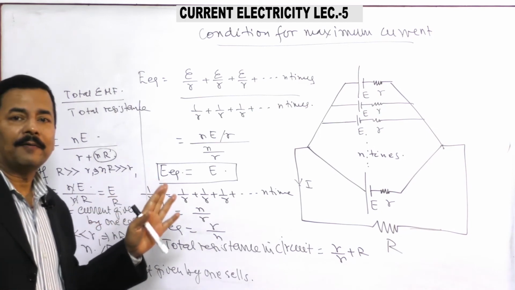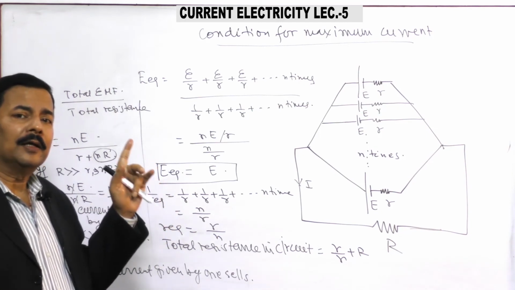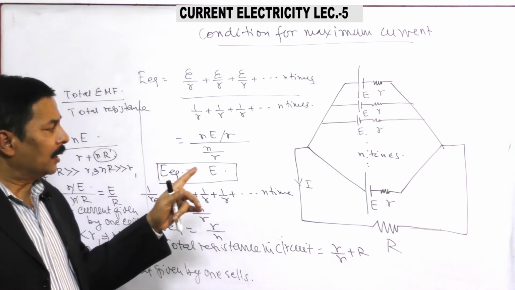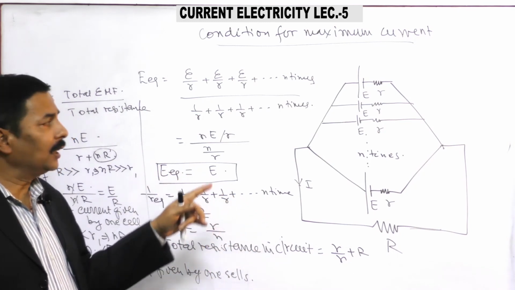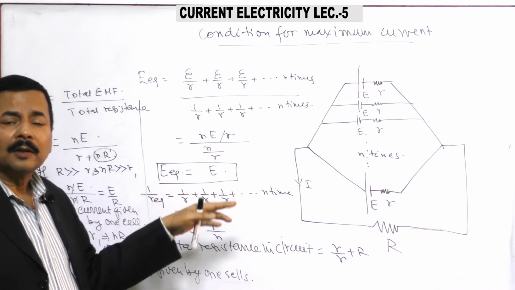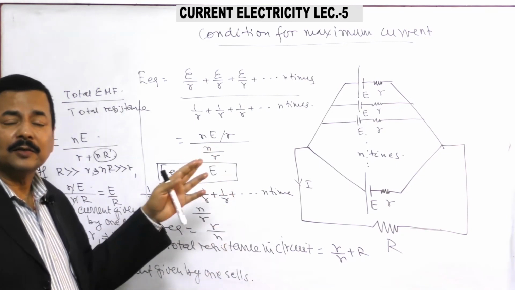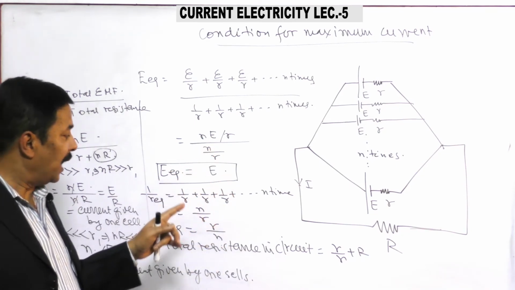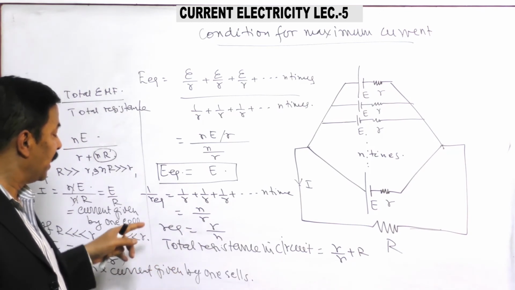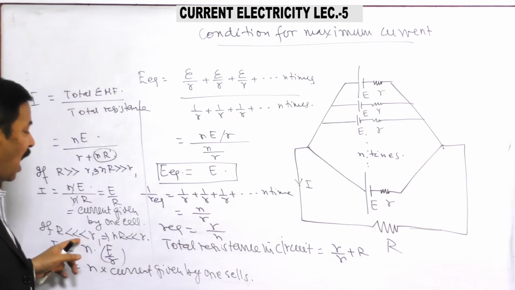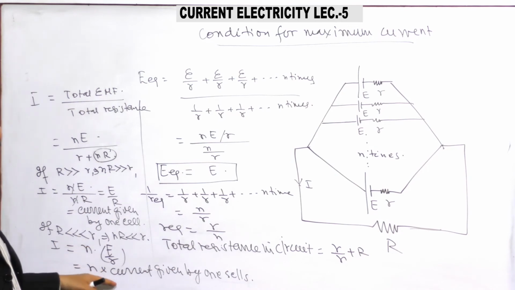So what is our result? In series grouping, the value of R should be very large in comparison to the total internal resistance of the circuit, and in parallel grouping the value of R should be very small for getting the maximum current.